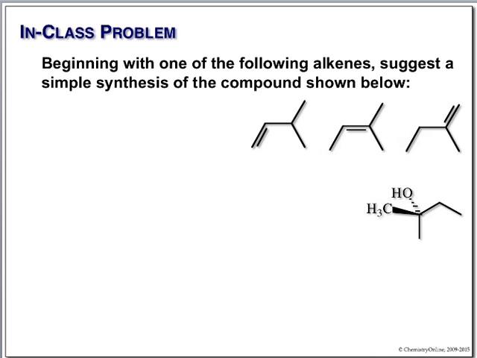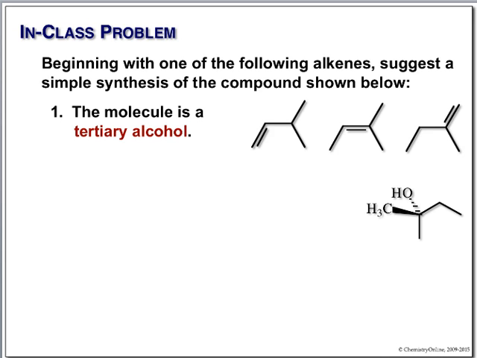We look at it and we say, what kind of compound is it? Well, it's a tertiary alcohol. How do I know to make alcohols from alkenes? Two ways. Markovnikov, simple hydration, or anti-Markovnikov, hydroboration oxidation. So we need to look at our regiochemistry.